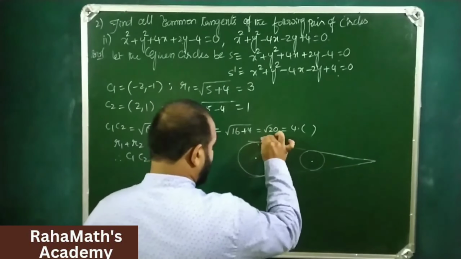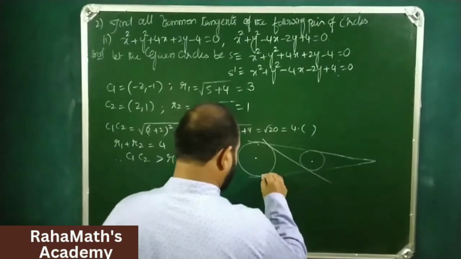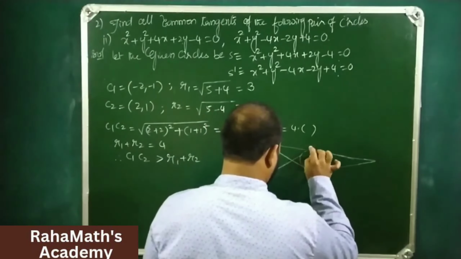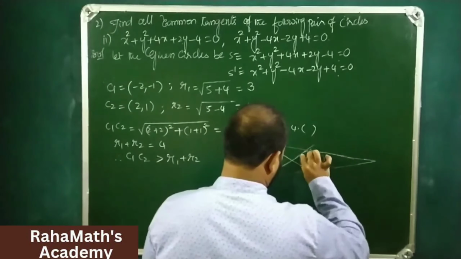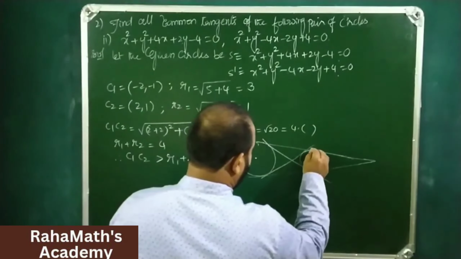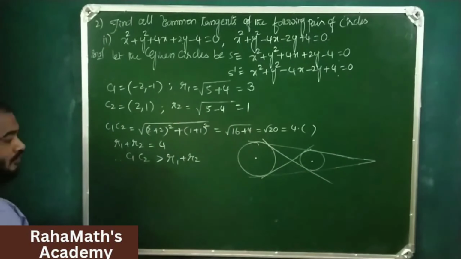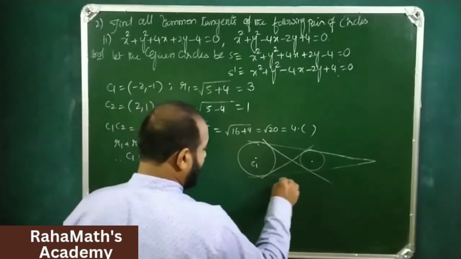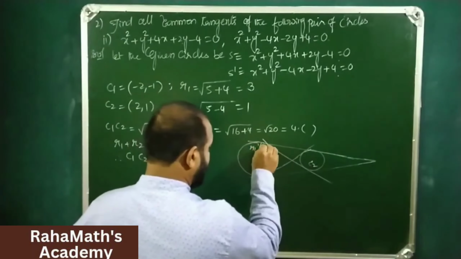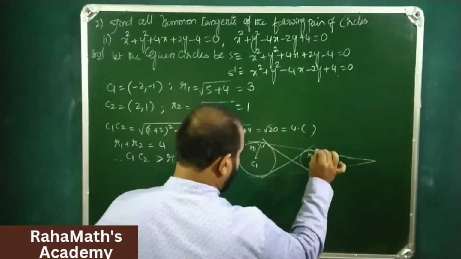And this is a transverse common tangent and this is another transverse common tangent. Okay, so these are what we need to find. So this is C1 and this is C2. This is R1, perpendicular, and this is R2, which is perpendicular.